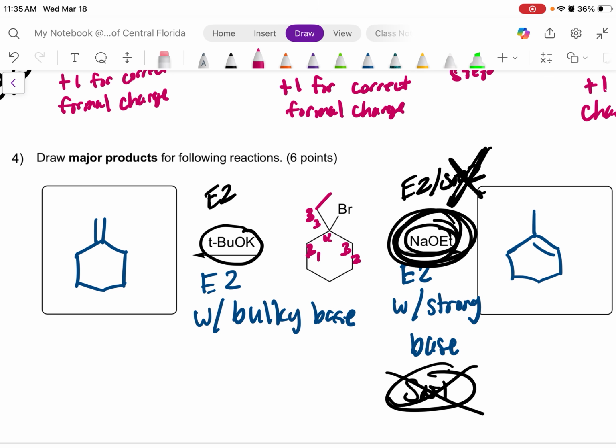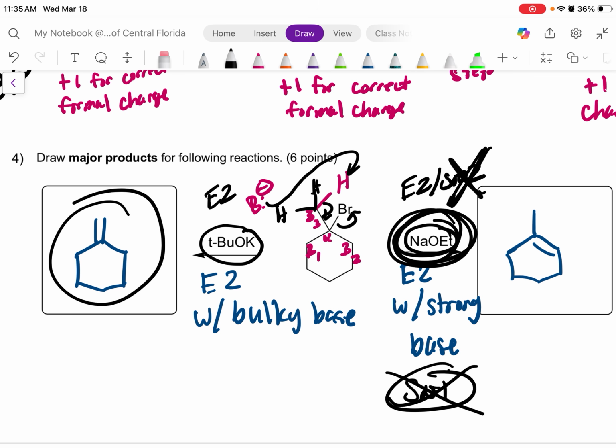So if we draw in a hydrogen right there, the base, I'm going to draw as a generic base, will now come in, grab that proton, and kick that off like that. This is an E2, so does it still need to be anti-periplanar? Yes, it does, but we have 3 hydrogens coming off of here, and one of them is bound to be in the conformation that is anti-periplanar. So I'm not too worried about which hydrogen, as long as we came up with that product. That's what we're looking for.